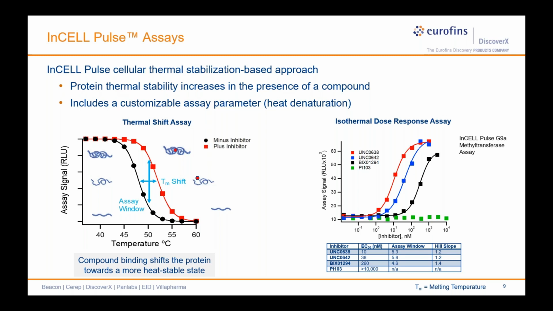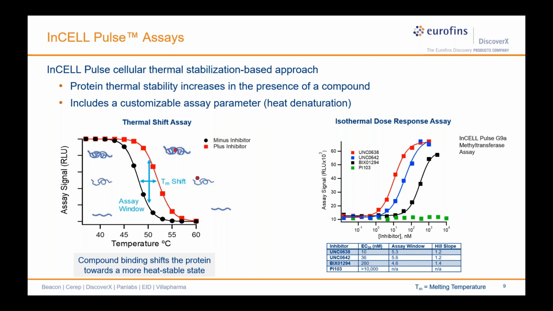Now, in the red squares, we have a curve which is generated in the presence of a single concentration of a ligand or a compound binding to our target. And in this case, you can see it actually moves the denaturation curve to the right. So the target is now stabilized against the thermal denaturation.